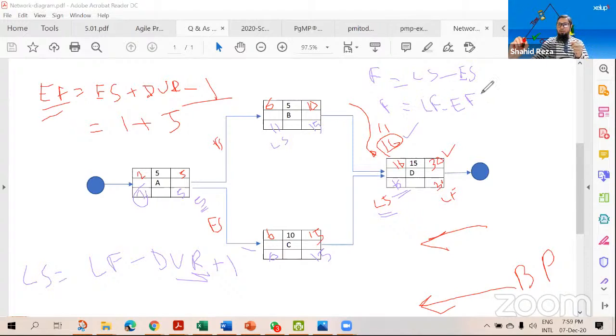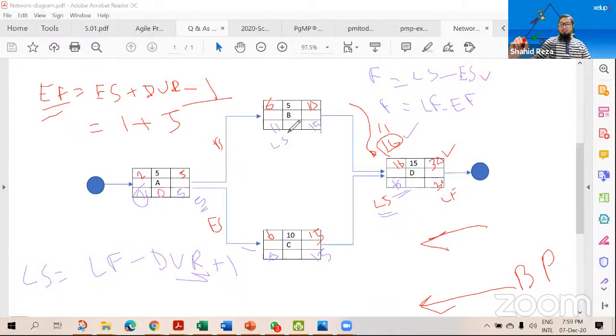So if we want to calculate float for all these, we use this formula for every node. Late start minus early start: what will happen? 1 minus 1, 0. Or 5 minus 5, 0. Right?